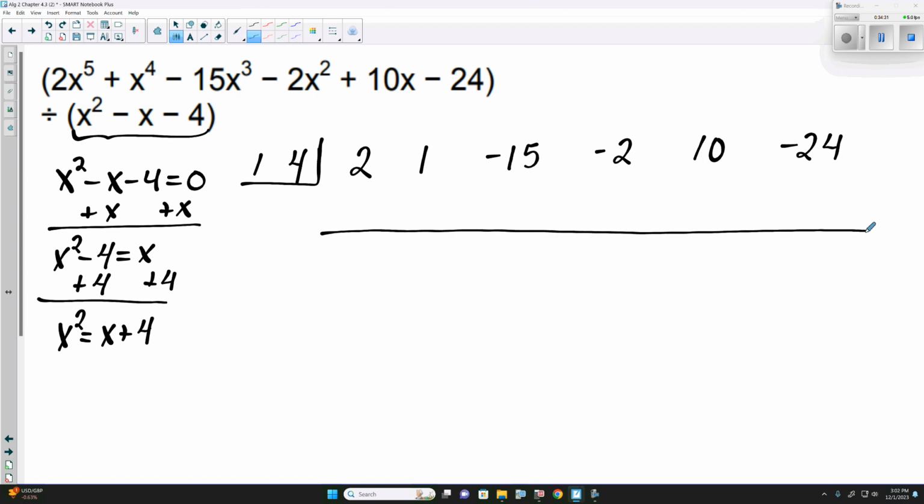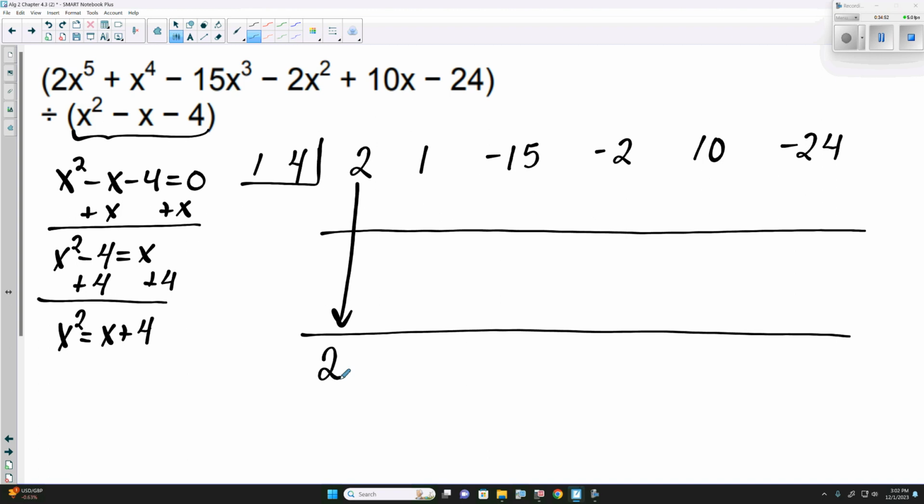Now we will draw our line, but we drew one line when we had one number. Since we have 2 numbers, we are going to have 2 lines. Now we will drop the 2. The 2 drops all the way to the bottom.